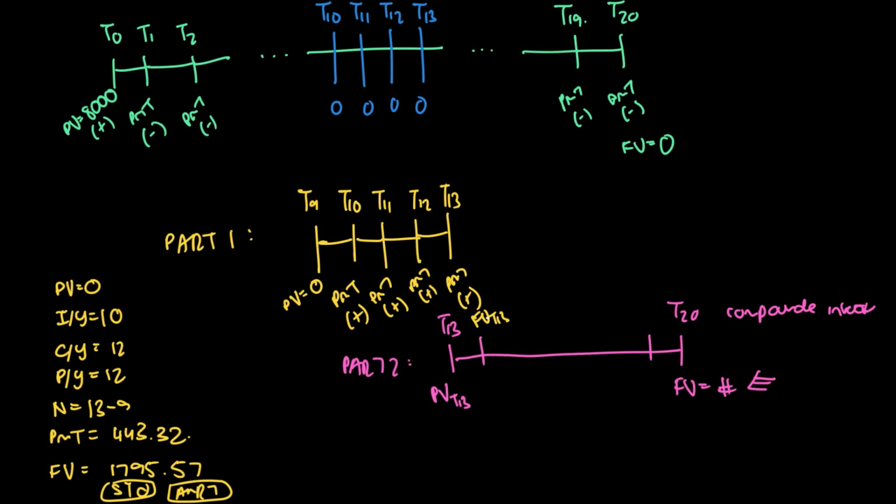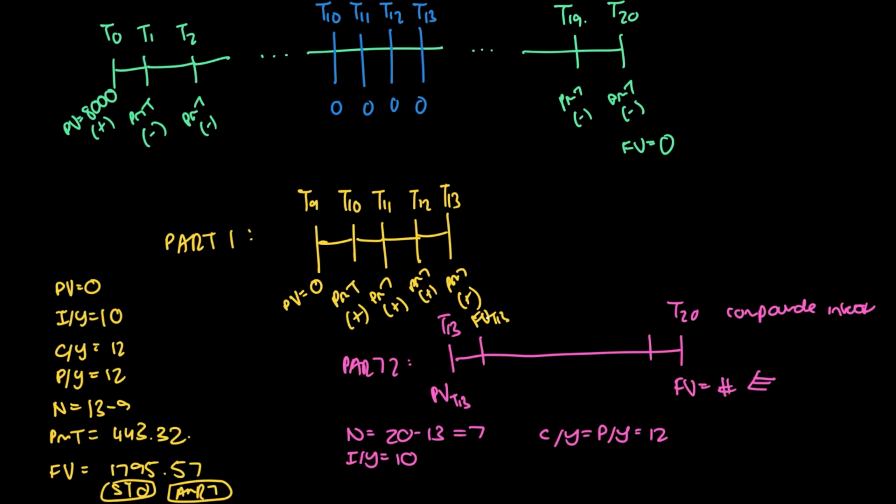Right, so let's discuss part 2. So part 2's information is N is going to be equal to 20 minus the 13, which is going to give us 7. Our IY stays the same. There are situations where it can change, but for us it stays the same. Our CY is equal to our PY, which is equal to 12. And our PMT is equal to 0.